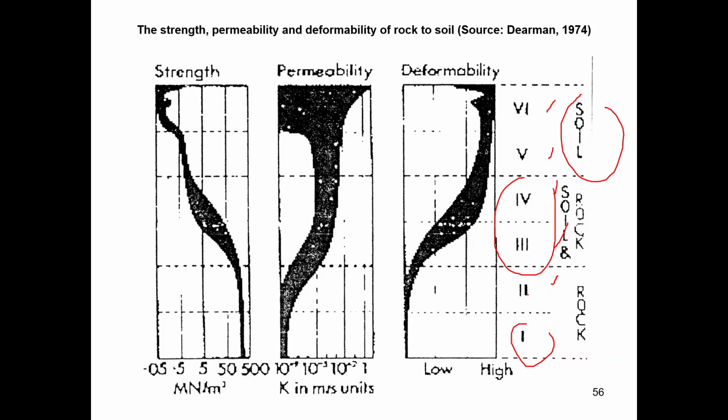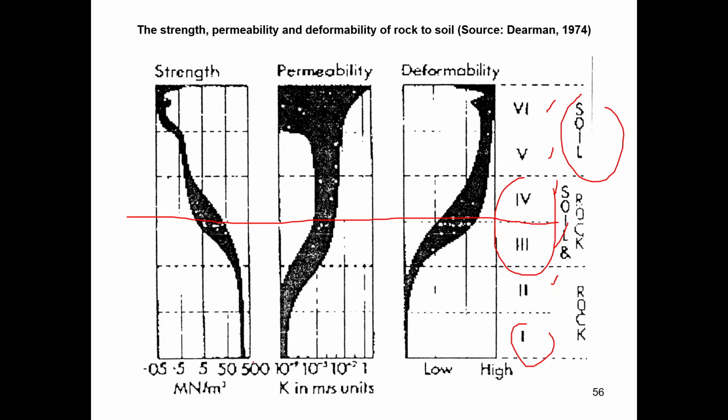And then 2 and 1 are rock. Before this, I said normally 1, 2, 3 are considered as rocks, and 3 and 4 as soil. So these are the boundaries. Normally like this.